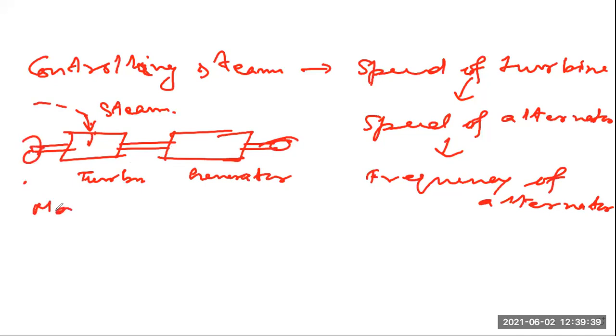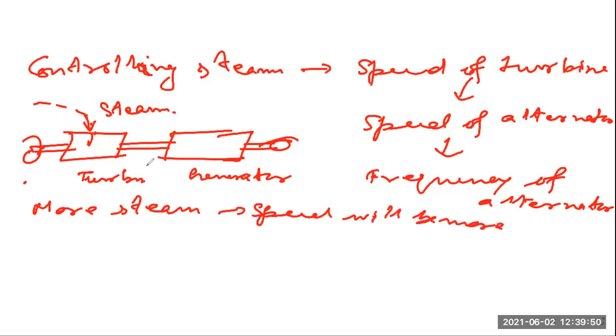More steam, speed will be more. So the speed of the turbine will increase. What will happen then? This shaft and this shaft are coupled. If it is rotating faster, this will also rotate faster.